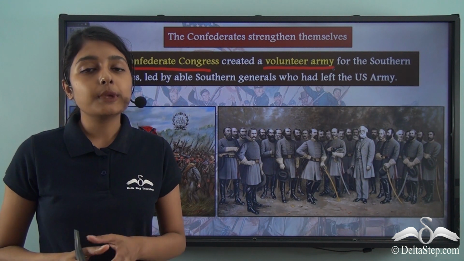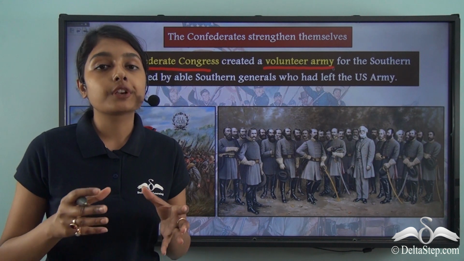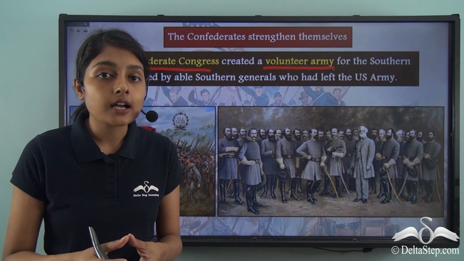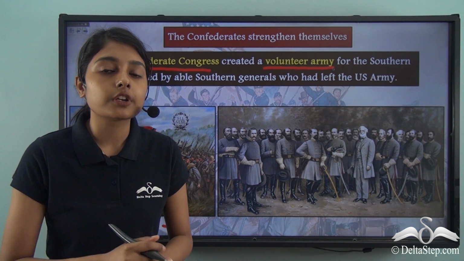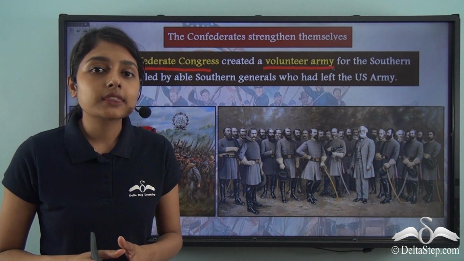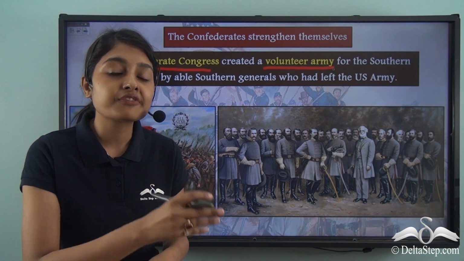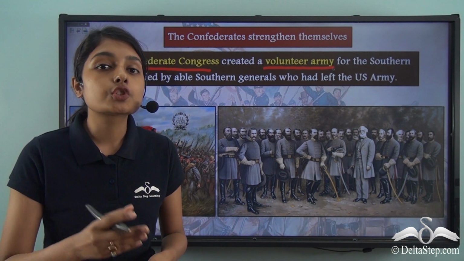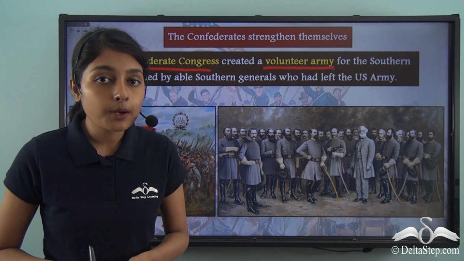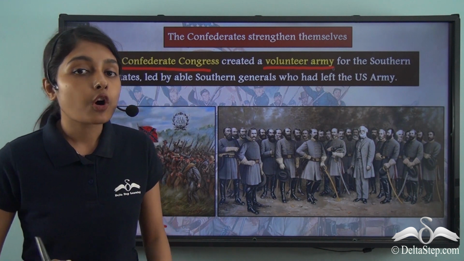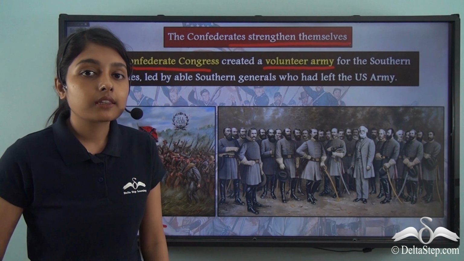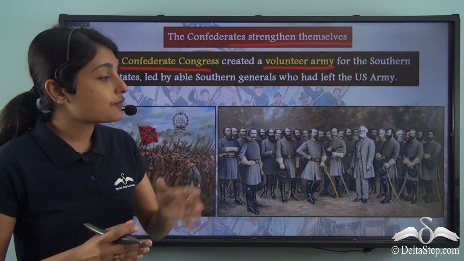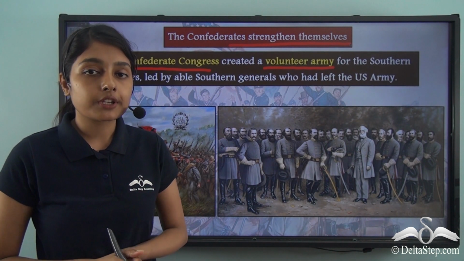It came to be known as the Confederate Army, and young men from the southern states joined in masses. Along with that, many people who left the US Army also joined the Confederate Army, and in this way the Confederate States were strengthening themselves.